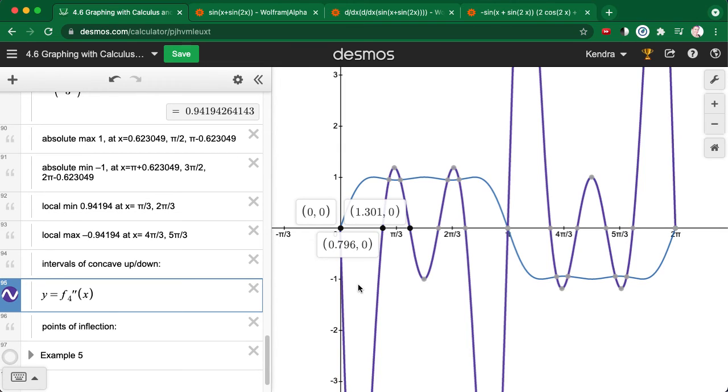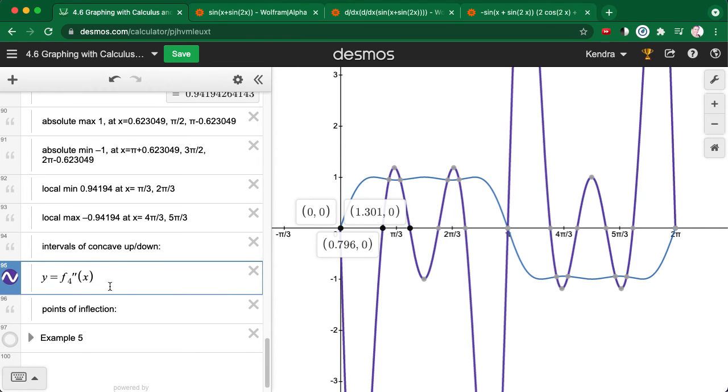Okay, and then I think we have one more, and so all three of these basically, we just need these two values, and we can subtract them from pi or add them to pi or subtract them from 2 pi to get all of the rest of those numbers. So 0.796 and 1.301.